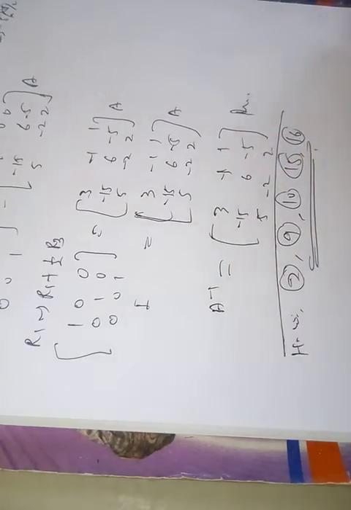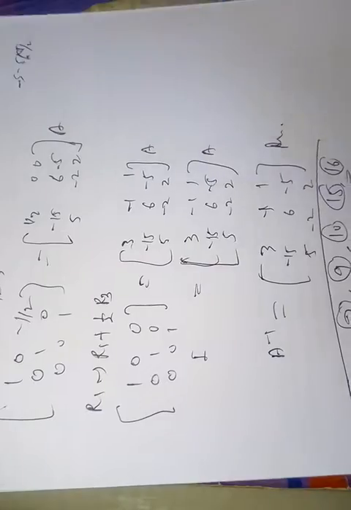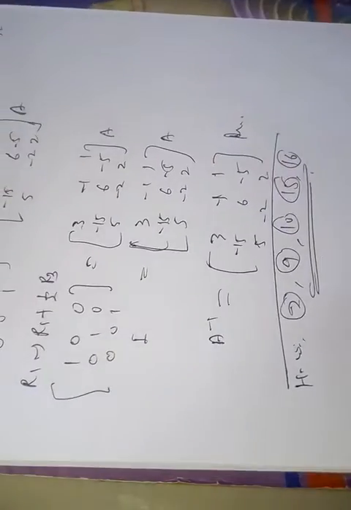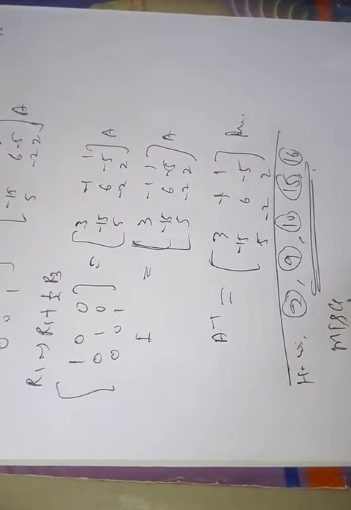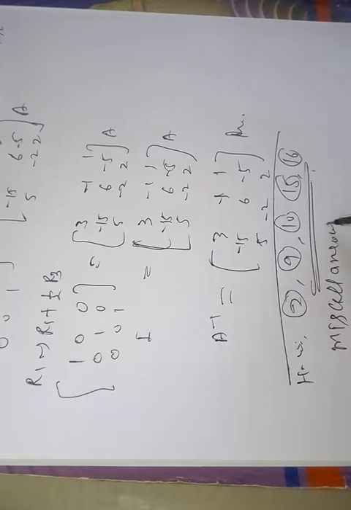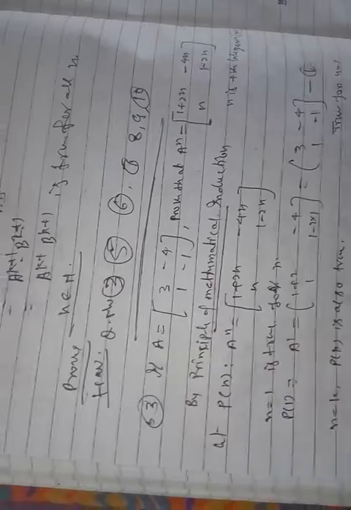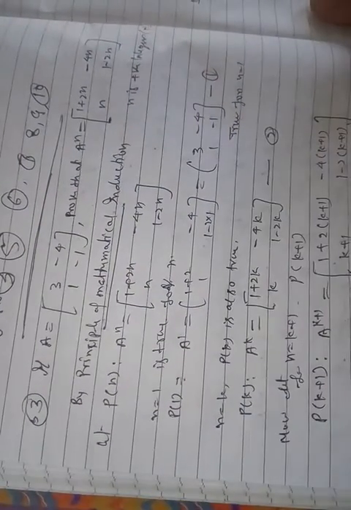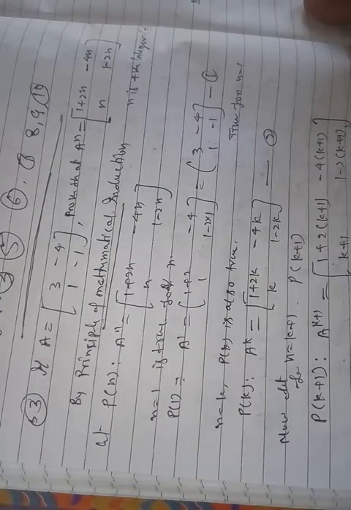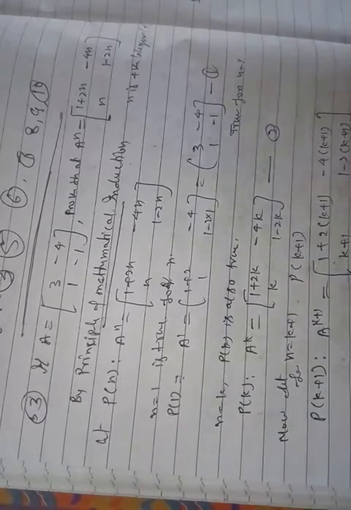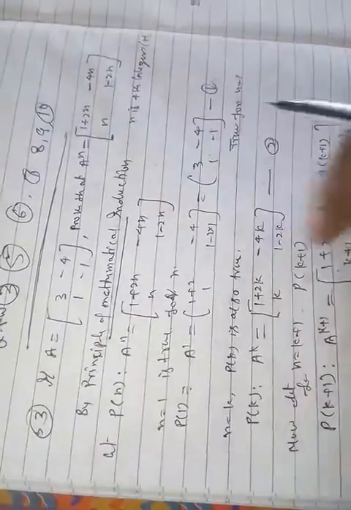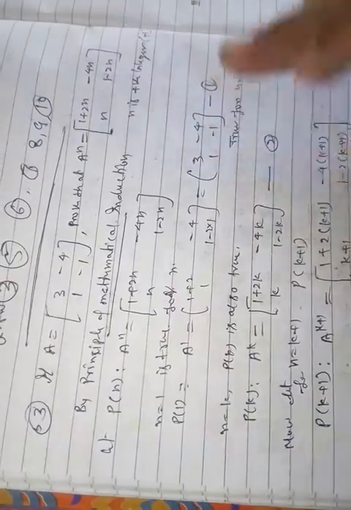This is a 3 by 3 matrix, and in the first video the 2 by 2 matrix is already given. And the miscellaneous exercise covers a mix of all other exercises. I already made a video in P6, sorry, P6, but the voice is not given, so you can see both videos.